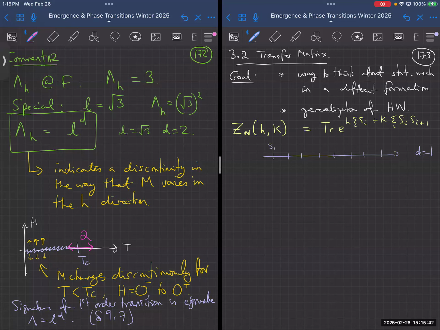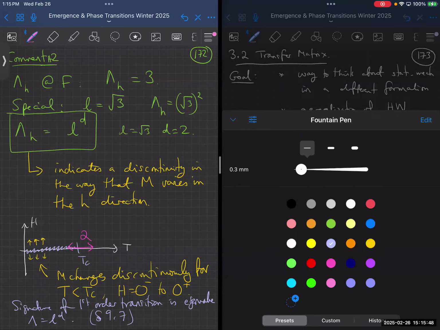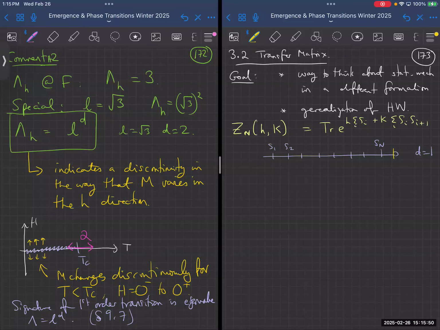Here's spin 1, spin 2, all the way up to spin n, and then I've got periodic boundary conditions. So you can imagine that as meaning that there is a phantom spin here, Sn plus 1, but that spin is actually identical to spin S1. So that's what I mean by periodic boundary conditions.